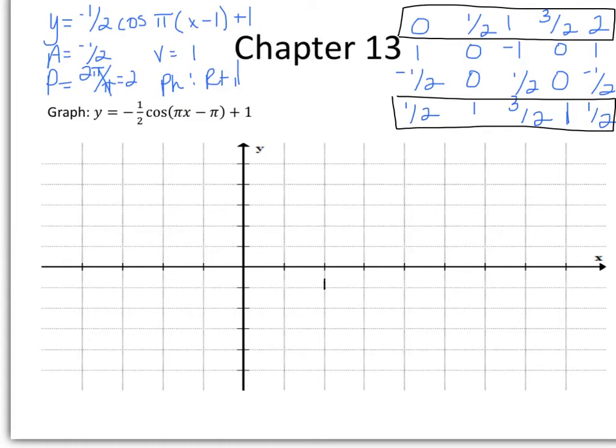So there's 1, 2, 3, 4, and you can move backwards. And we'll call this 1 and 2. And then at 1 we're at 3/2.